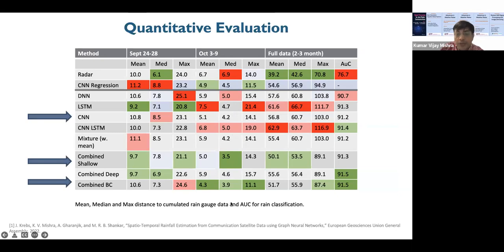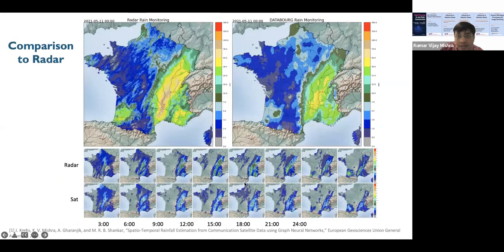And then we found out that certain networks actually give us lower errors. So this is a tabulation of that data. And then here is a comparison for this big storm that happened in May 2021 in France. So we did this for Germany, France, and Switzerland, 3 countries.